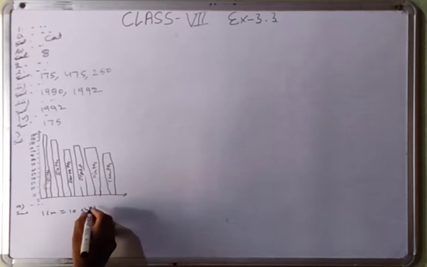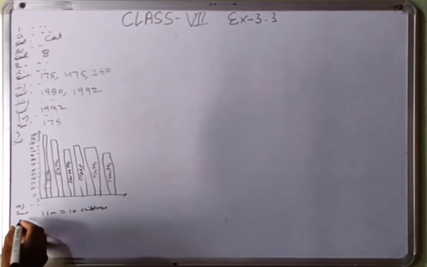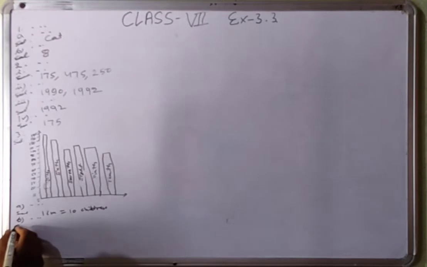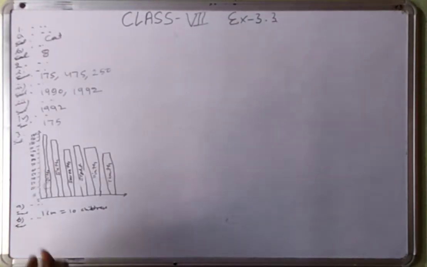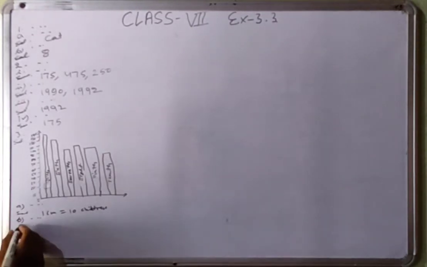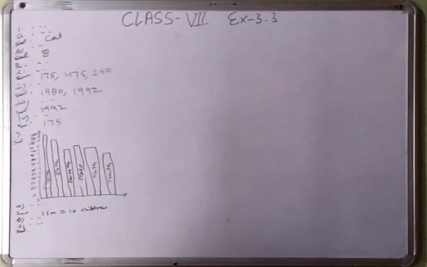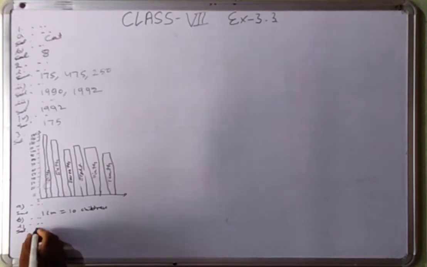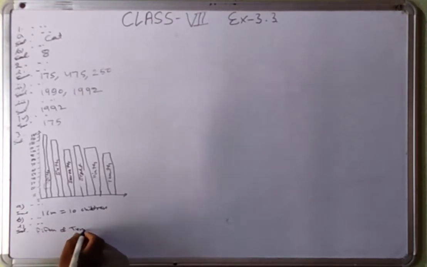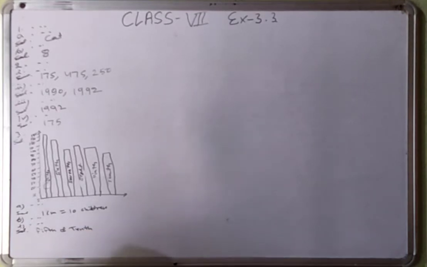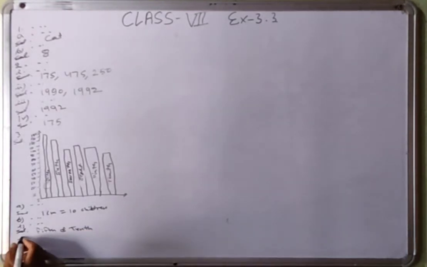B, first part, which class has the maximum number of children and minimum? 5th and 10th.